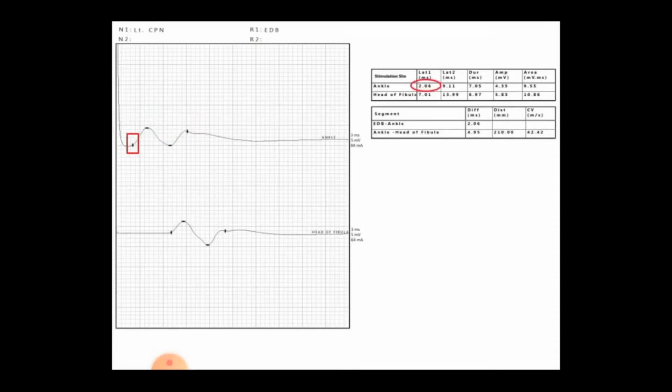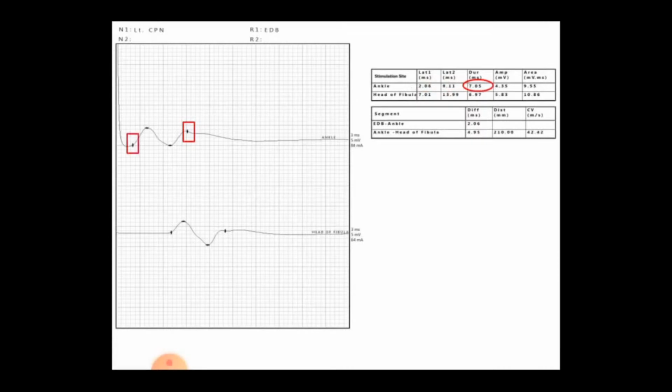The first vertical marker gives the value of latency. In this example you can see it is 2.06 millisecond. For the second vertical marker, the corresponding value is 9.11 millisecond.